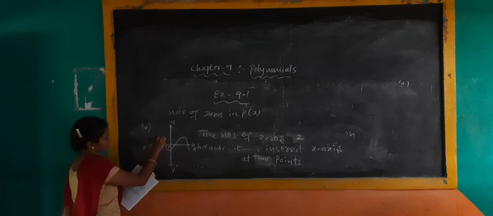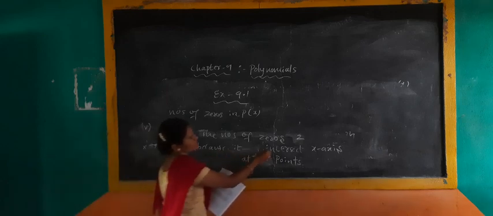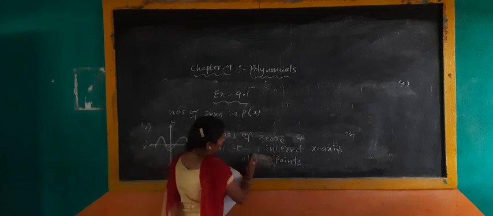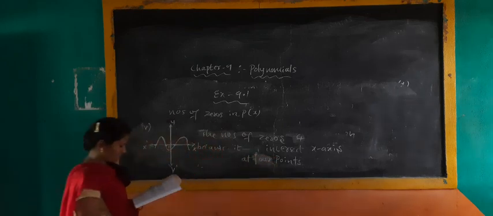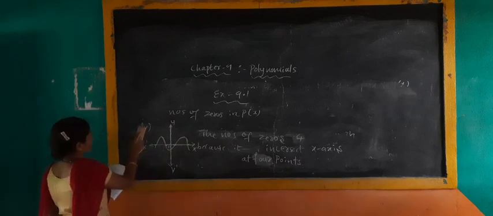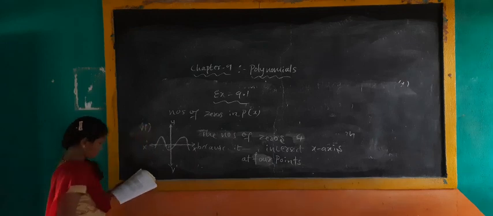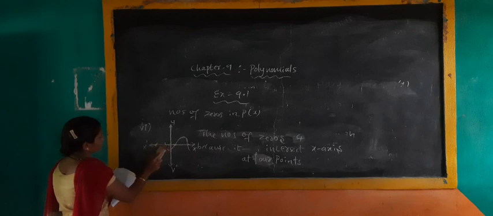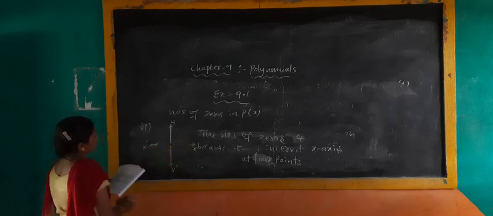Here see 1, 2, for this here 3, for this here 4. The number of zeros here is 4, because it intersects the x-axis at 4 points. See clearly how it will intersect or not. It is very important.